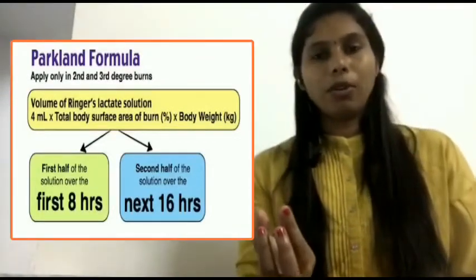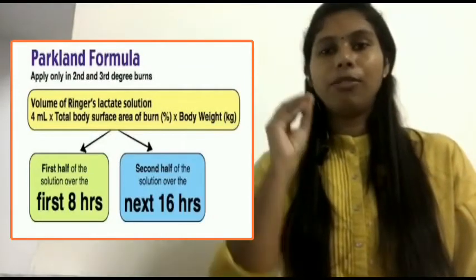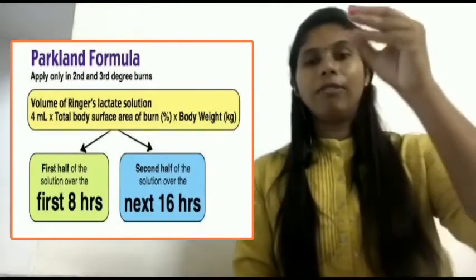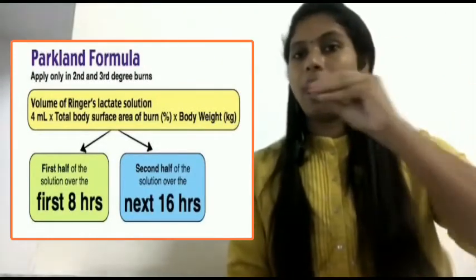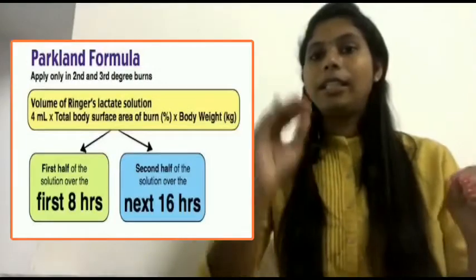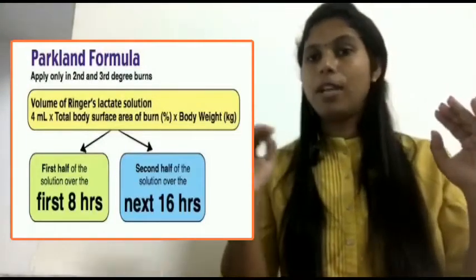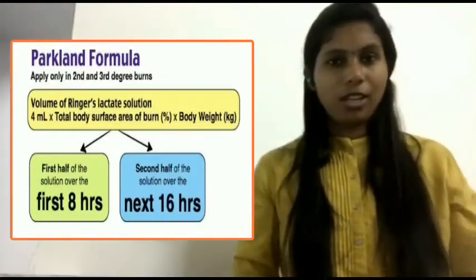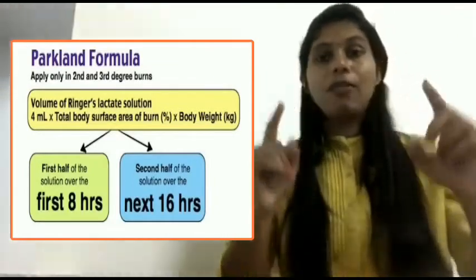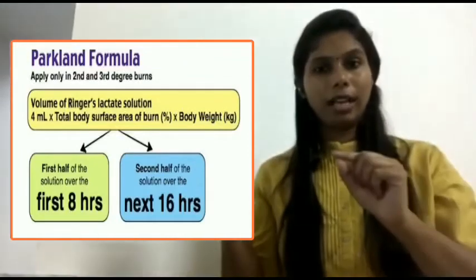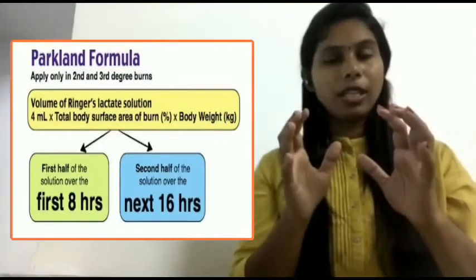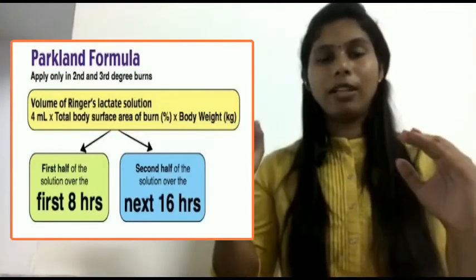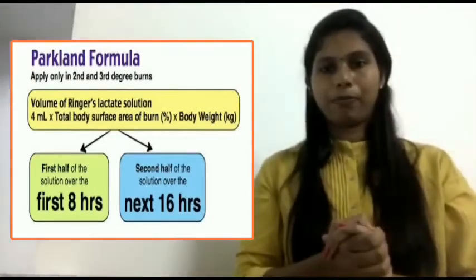So based on this formula, how should we infuse the fluid to a burn client? If we get 8,000 after this calculation, half of that 8,000, which means 4,000 ml, we should infuse for the first 8 hours. Make it clear: for the first 8 hours after the burn, we use half of the fluid that we received using the Parkland formula.